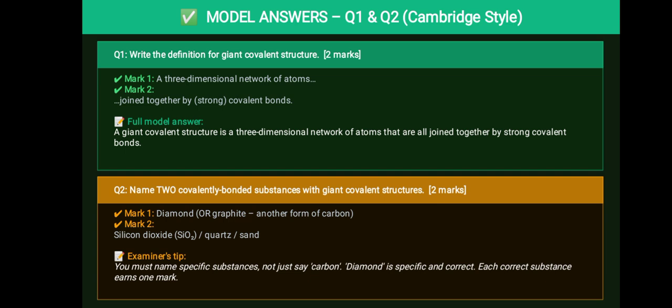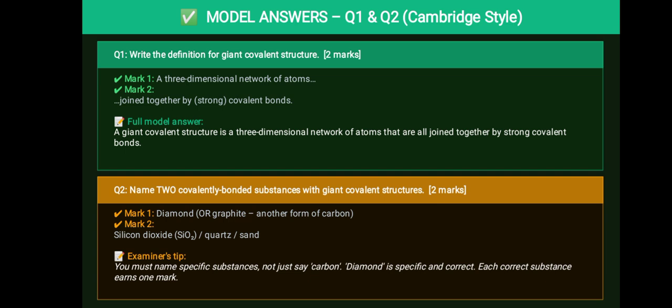Question number 2 is: name 2 substances which are covalently bonded. So very easy. These are diamond and silicon dioxide. A common mistake is writing just carbon instead of diamond.